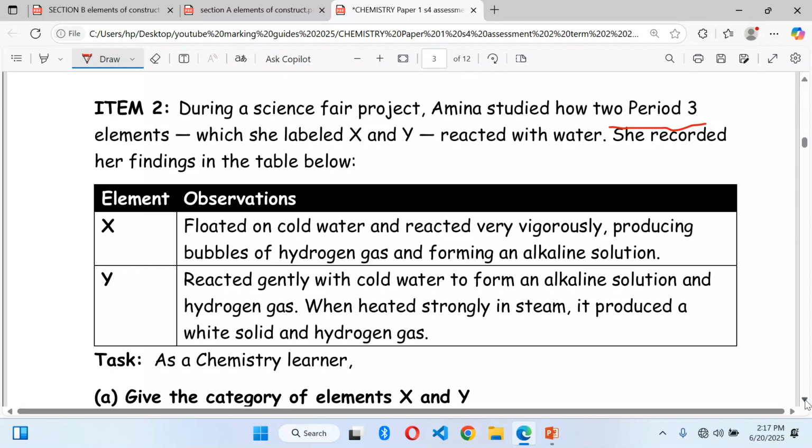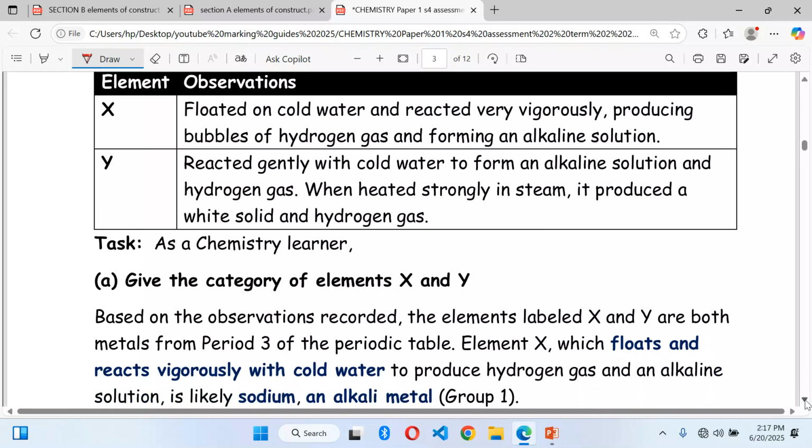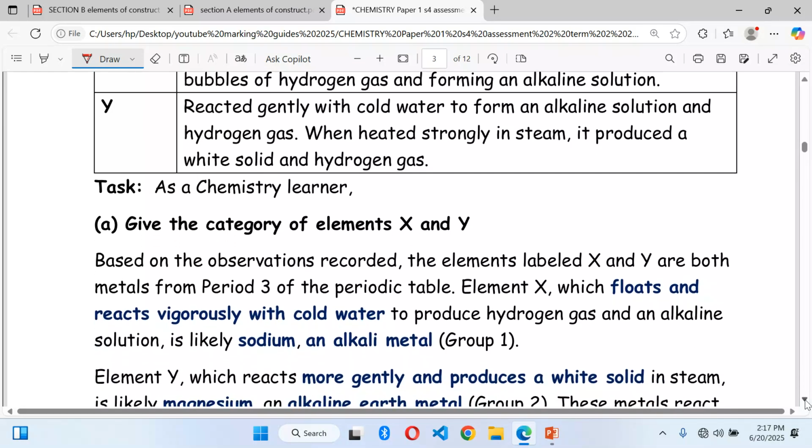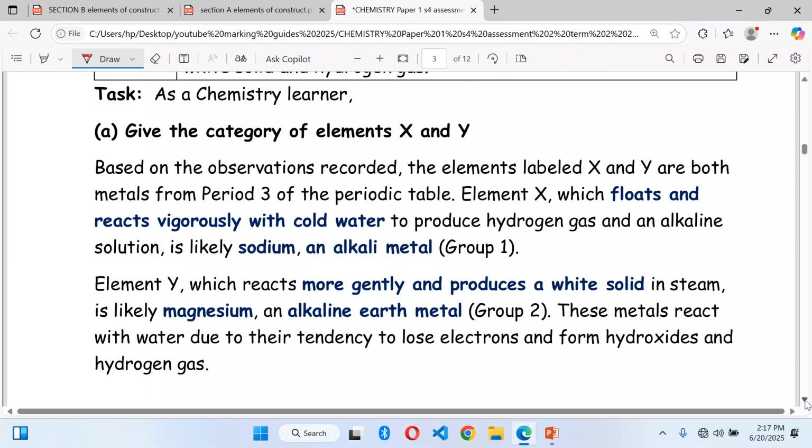Now, learner, please pause at this point. First attempt, then after that, you come to the solution and you see how we have answered this. We are going to go through it very fast. So we are saying, of course, we give some details, but when you're answering, you can just categorize, give a reason, and the example.